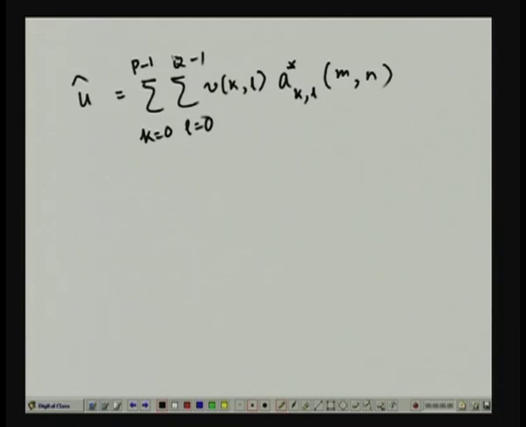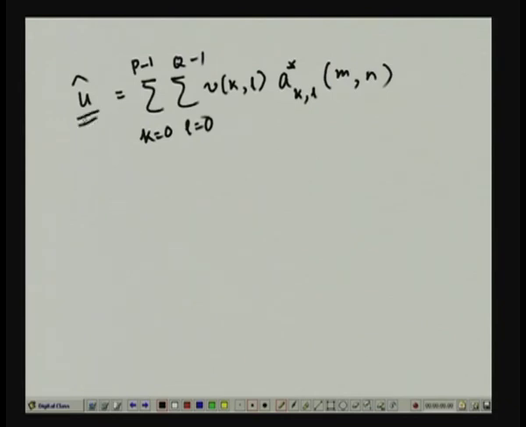So, instead of considering both k and l varying from 0 to n minus 1, I am considering only q coefficients along l and p coefficients along k. So, the number of coefficients that I am considering for the inverse transformation is p into q instead of n square. Using this p into q number of coefficients, I get the reconstructed image u hat.